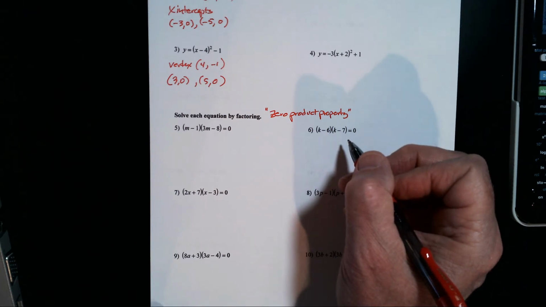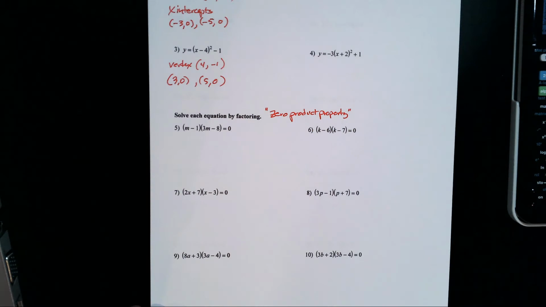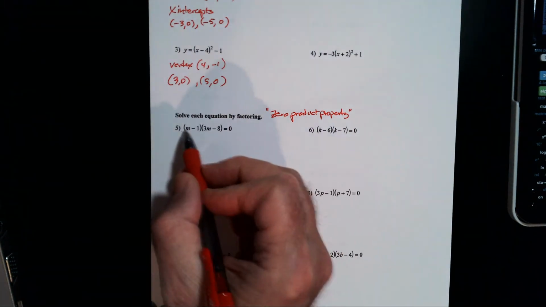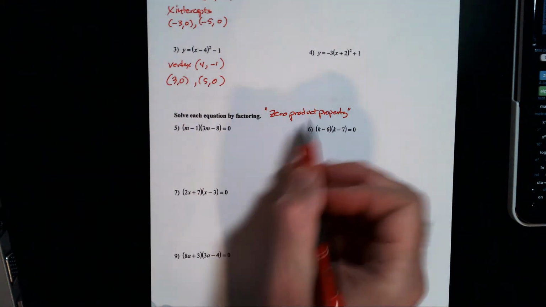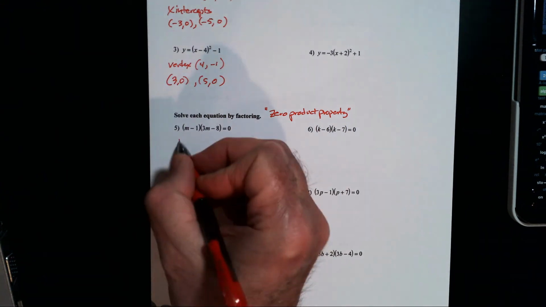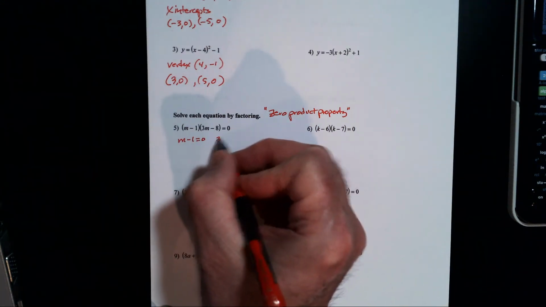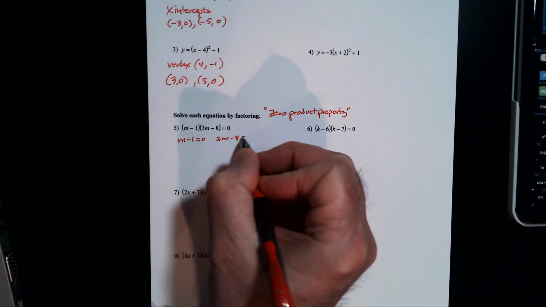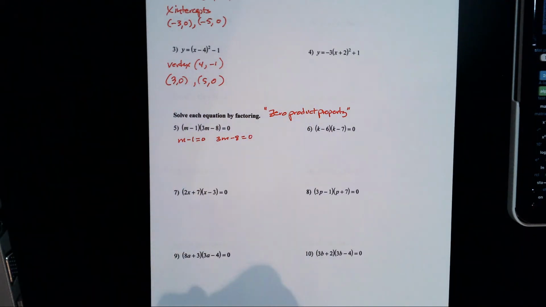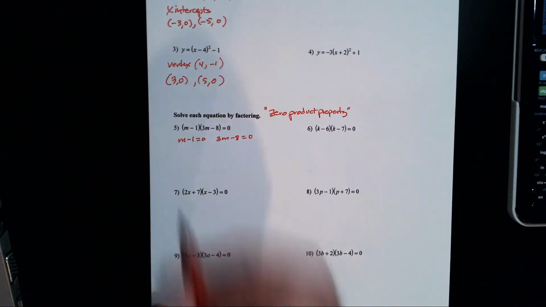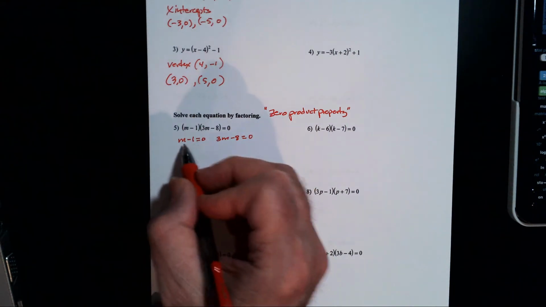They could all be 0, but one of them has to be 0. So to solve this equation using the zero product property, we set each factor equal to 0, and then we quickly use a little bit of algebra to solve for m.